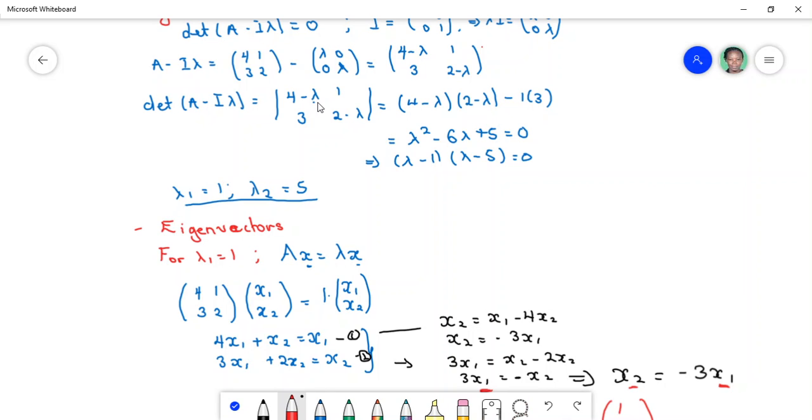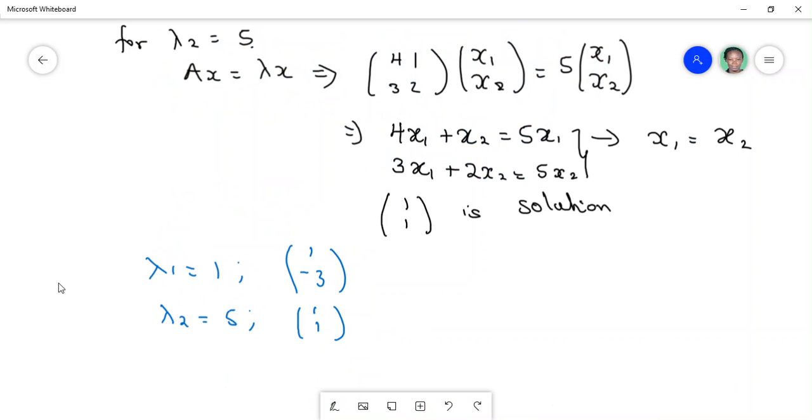So example 2, let's say I have the matrix A equal to (2, 0, 1), (-1, 4, -1), (-1, 2, 0).